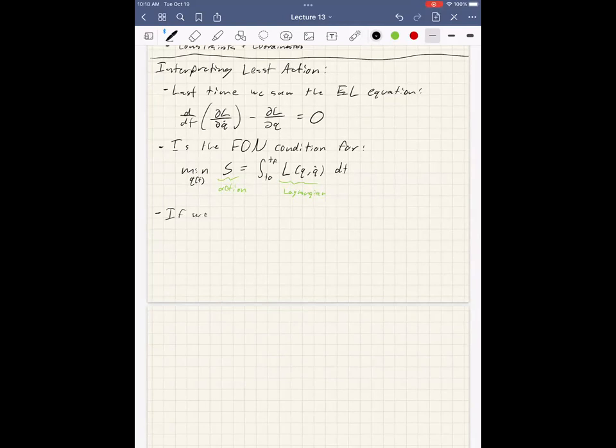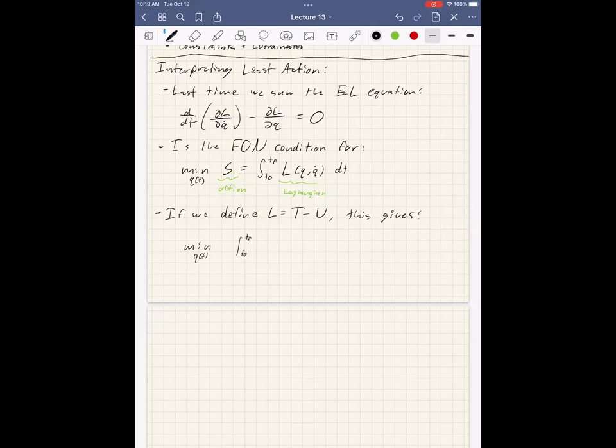So if we define L to be kinetic minus potential energy, this gives us the dynamics of a conservative system, like we said. We're just going to plug this in.